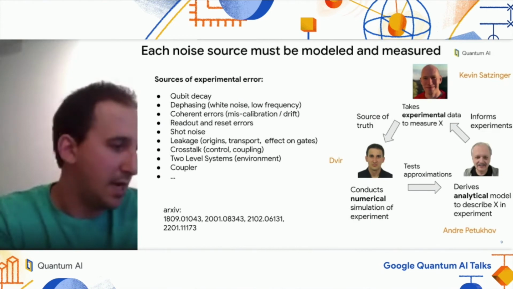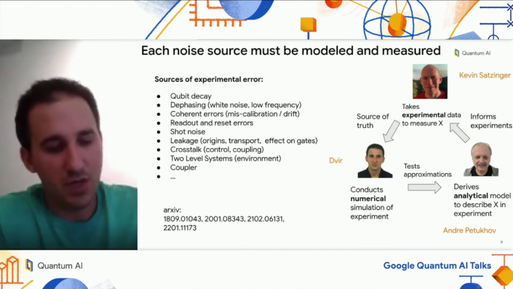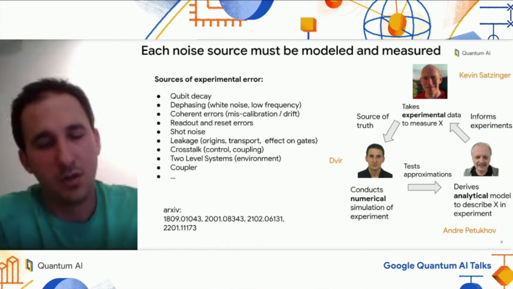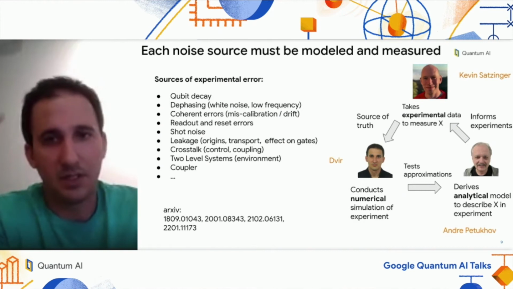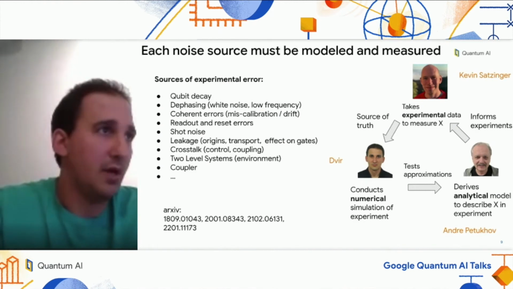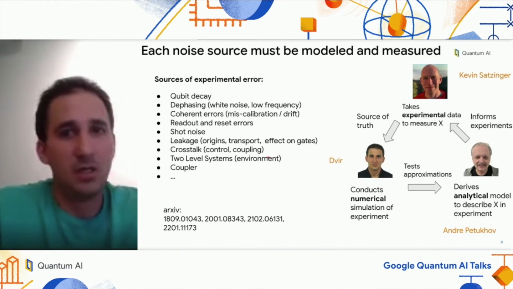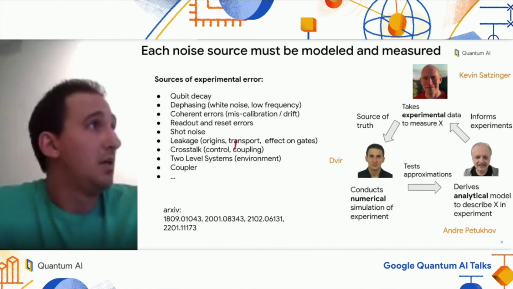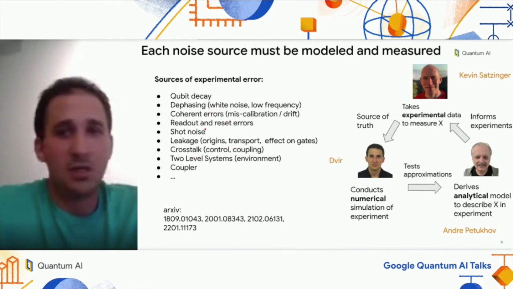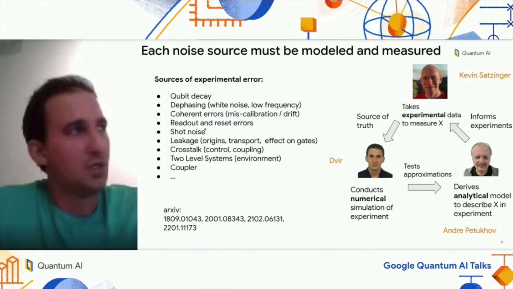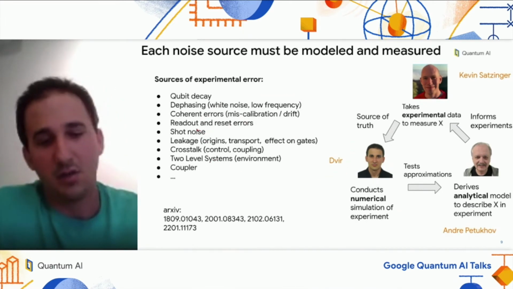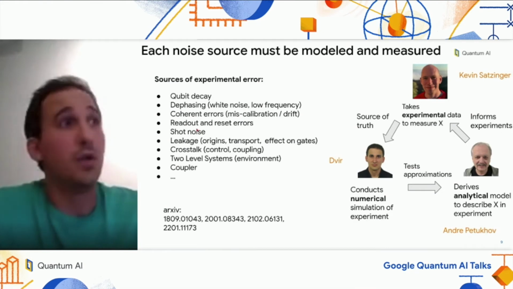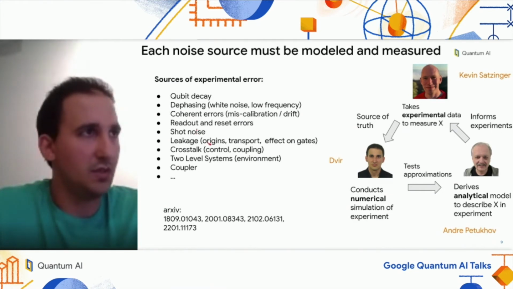Okay, I've described how we represent our noisy circuits with Kraus operators, and how we do a quantum simulation. The last detail that we need to think about is where we get these Kraus operators from. I want to point out that this is actually a lot of work, because quantum computing is hard. There are a lot of error mechanisms. Here I've listed some of the dominant error mechanisms in superconducting qubits that we've identified in our systems. The work required to include all these errors in our simulations is non-trivial.